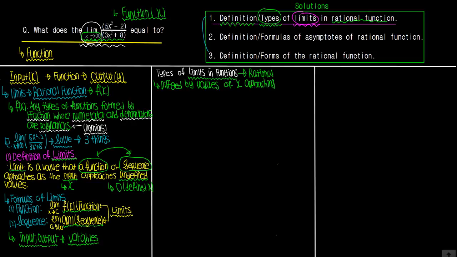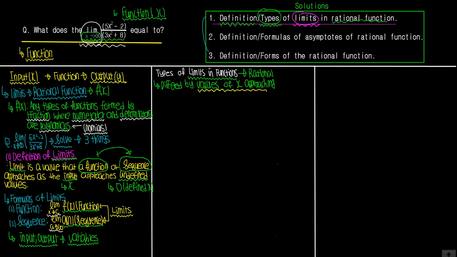So the main difference between the limits of a function and a sequence is the variables, and also the values the input x value is approaching. In a rational function there are also two cases, and they differ by the values that x is approaching.